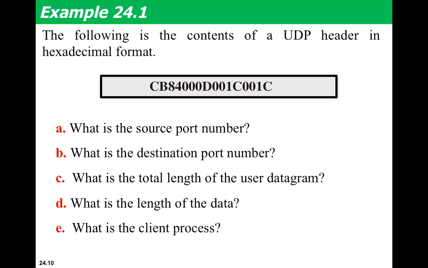Now this example tells you how you can find out the contents of a UDP header. And we know that in the UDP header, each field is 2 bytes, so that would be 4 hex digits.